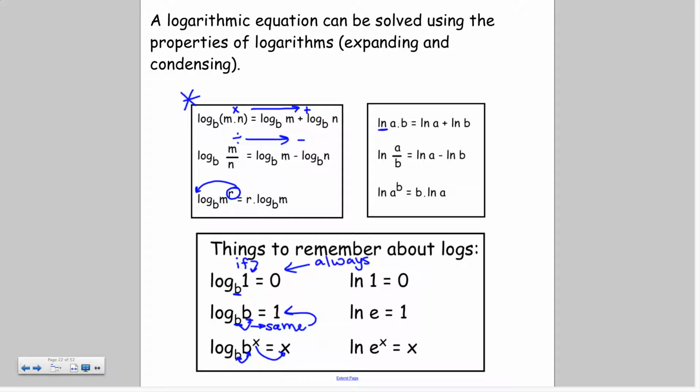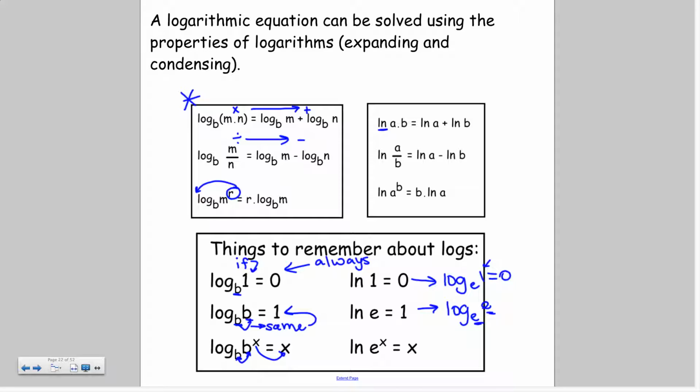All right? Now, if you're looking at natural logs, it's the same thing, because this right here would actually be log base E of 1. So remember, whenever you have that 1 right there, it's going to be 0. This one is going to be log base E of E. So these two are the same.